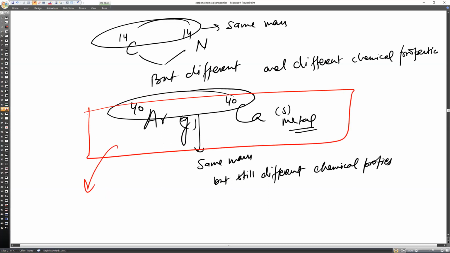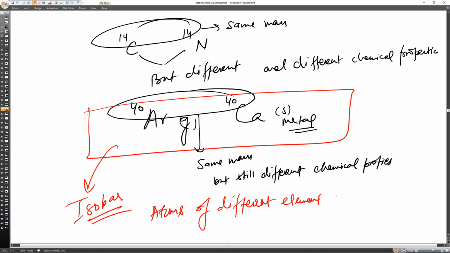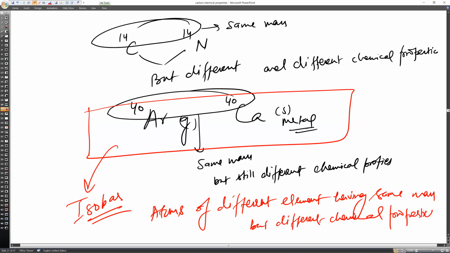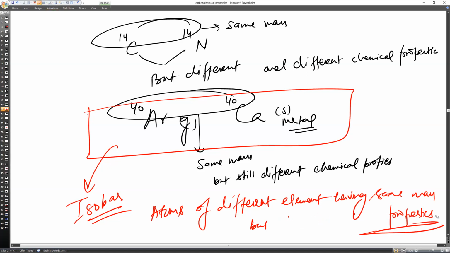Atoms of different elements having the same mass, but different chemical properties. Sorry, but different atomic numbers.